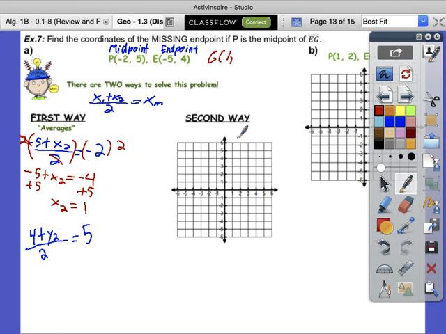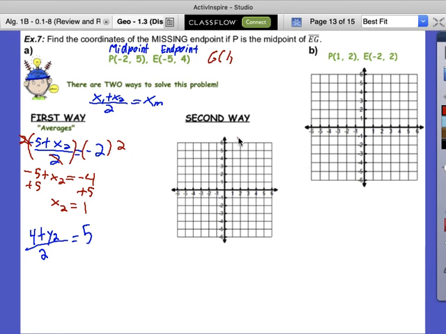And we could solve this one in the same exact fashion. Multiply by 2. 4 plus y2 is equal to 10. Subtract 4 and y2 is equal to what? 6. So our missing endpoint is 1 comma 6.